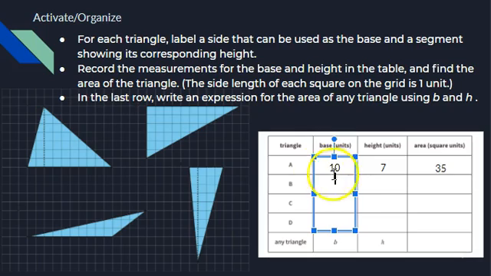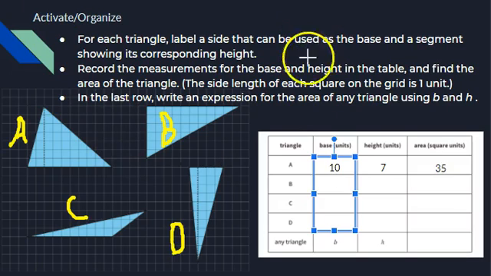Let's take a look at B. This is a little hard to see which one's A and which one's B, so let me fix that real quick. Okay, so that was A. For B, we have a height of 1, 2, 3, 4, 5, and 6. Let's change that color real quick. There's 6. And then, because remember we need a perpendicular height, and since this is a right angle, we're all set here.